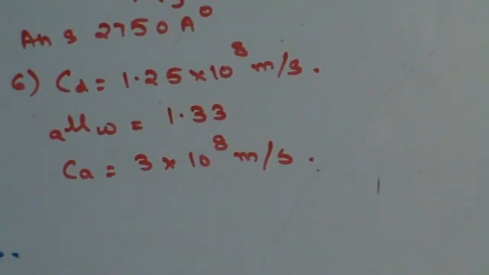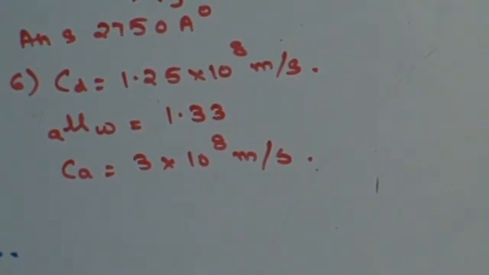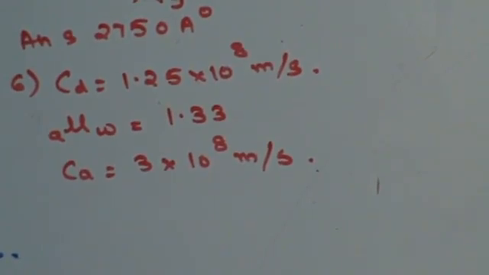Find the refractive index of diamond with respect to water if the refractive index of water with respect to air is 1.33 and the velocity of light in air is 3 into 10 raised to 8 meters per second.